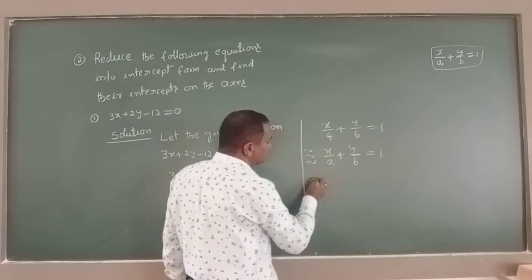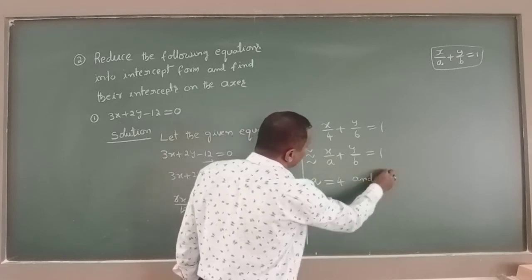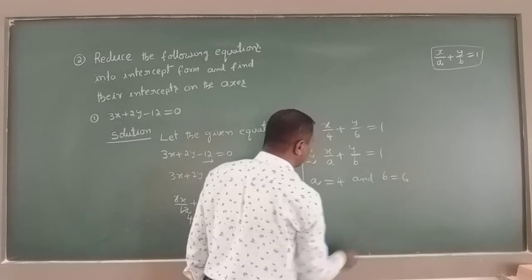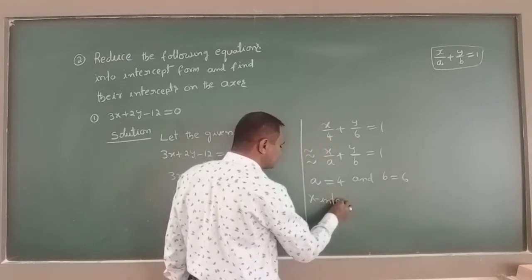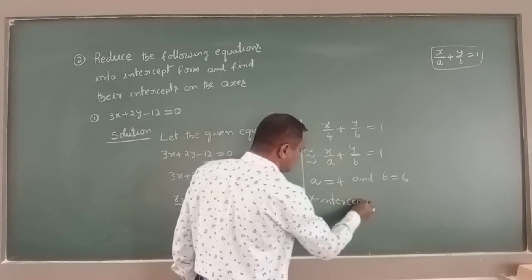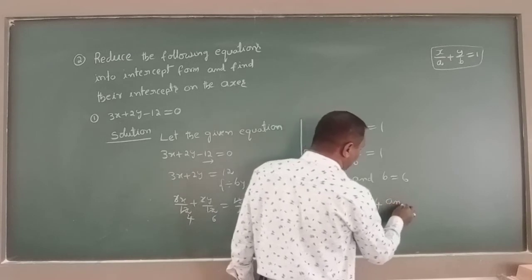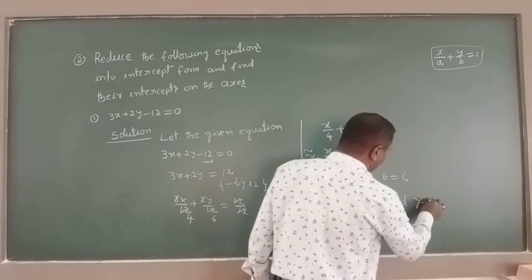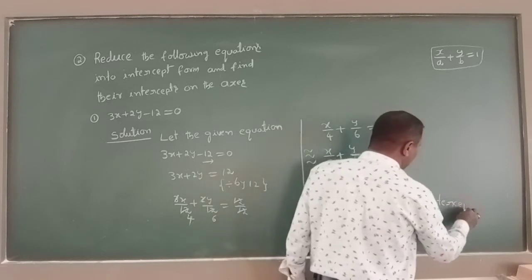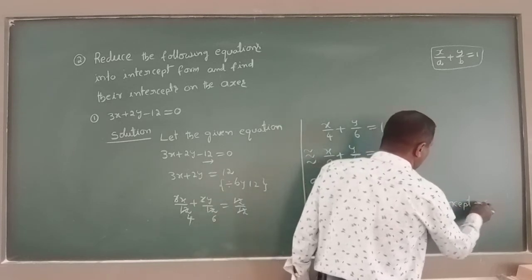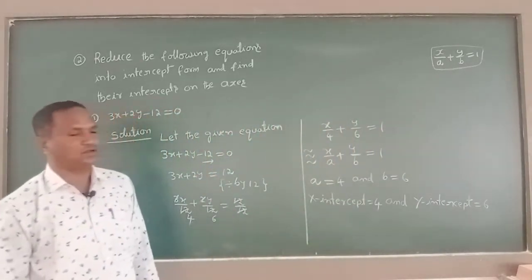Then we get the values of a and b: a is equal to 4 and b is equal to 6, where a is the x-intercept, equal to 4, and the y-intercept is equal to 6.